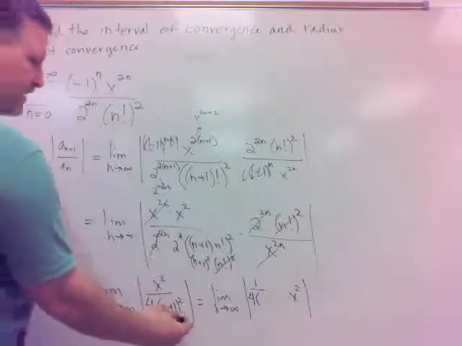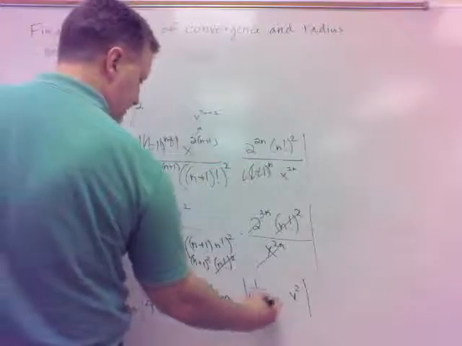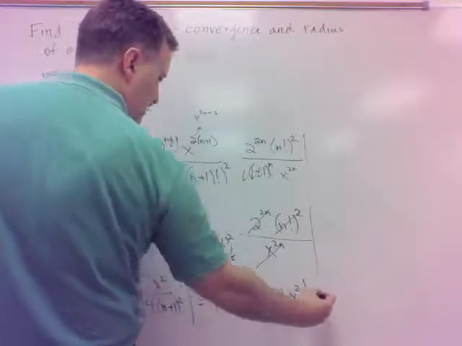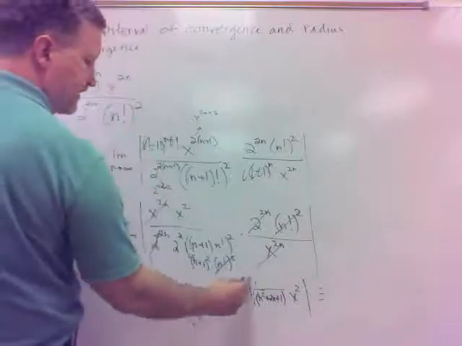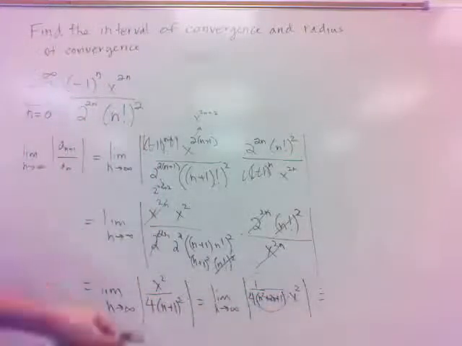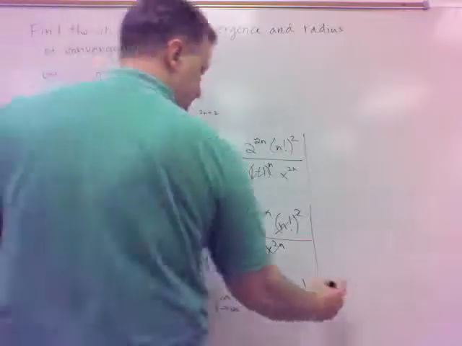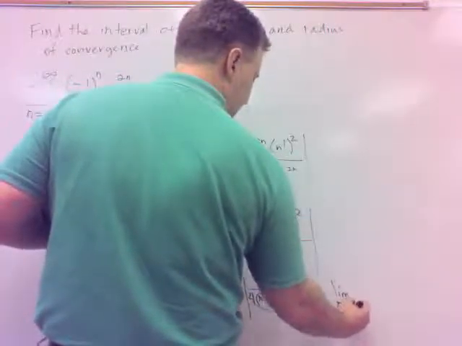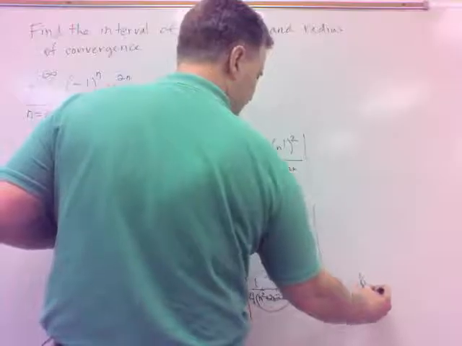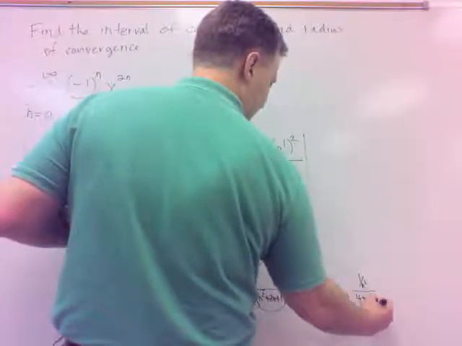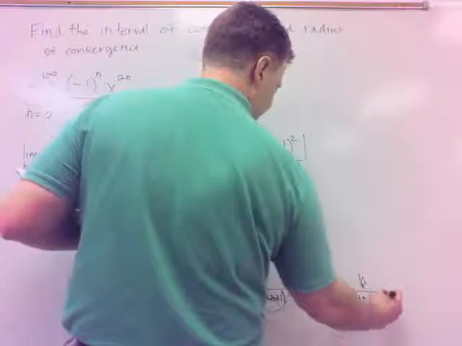How much do you need me to show you here? If you multiply that out, you get that. But what about this right here? Say it's 1 divided by, if I divide that by n squared, it goes to zero, isn't it?